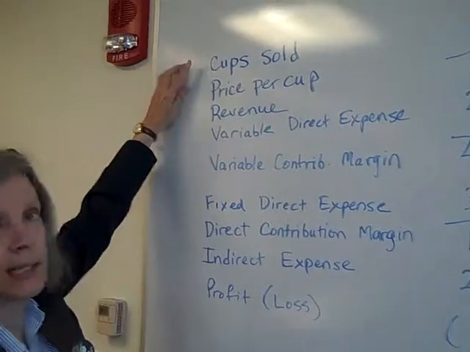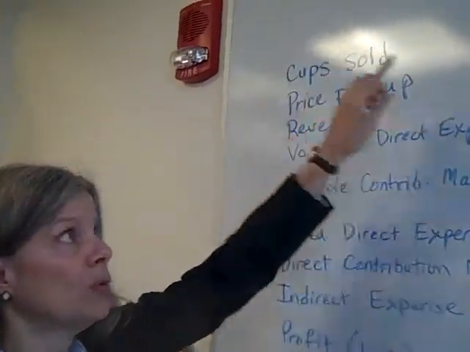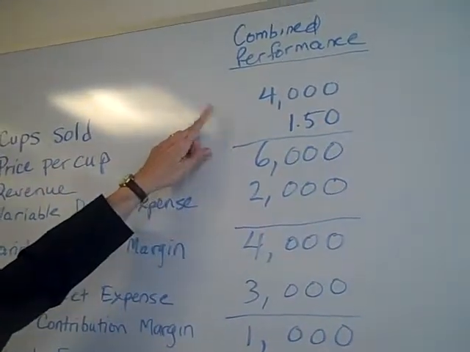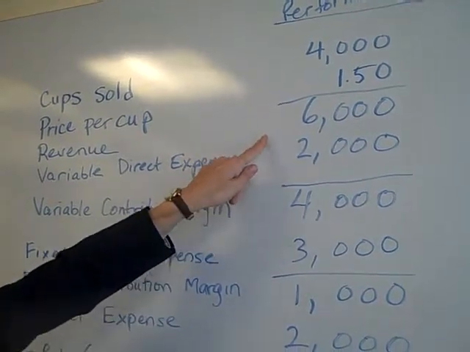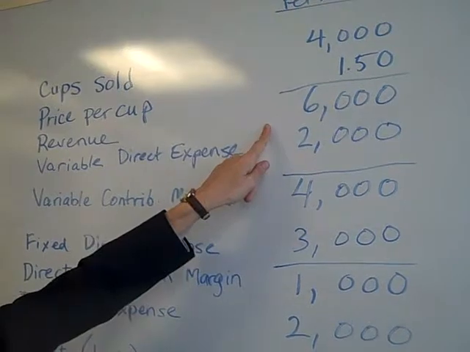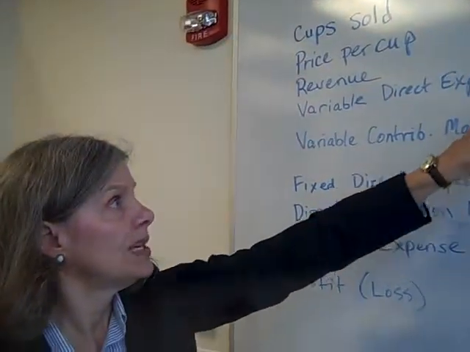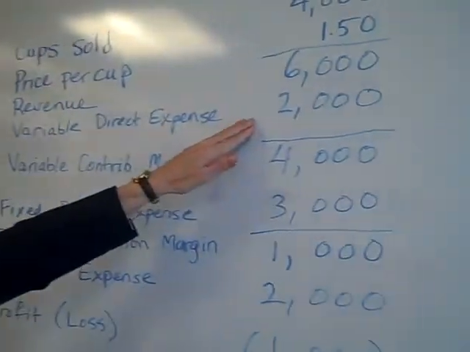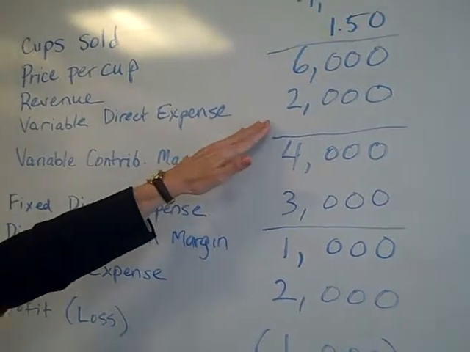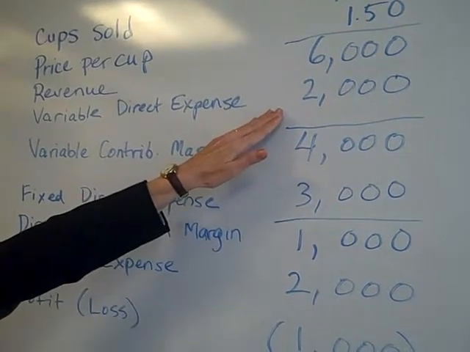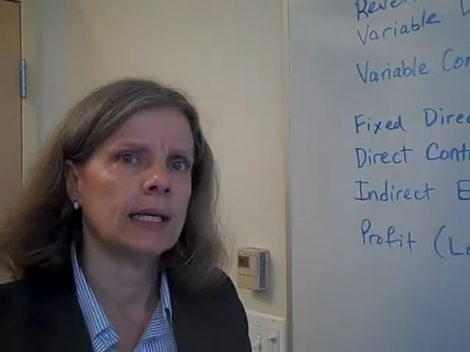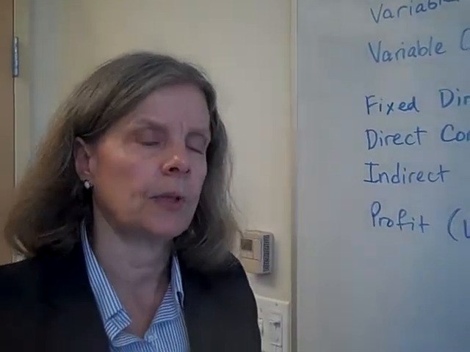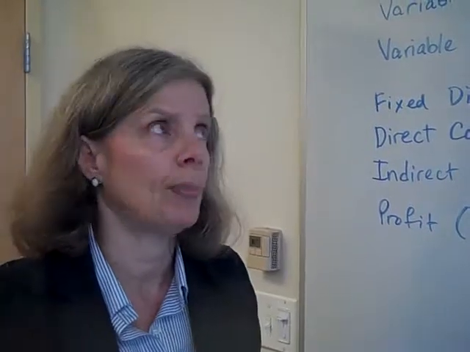So the way you present this is first the cups sold, which we know is 4,000, times the price of $1.50 gives us revenue of 6,000. We subtract the variable direct expense. Now the variable direct expense was those cups, the ice, and the lemons, which are used to produce the cup of lemonade.